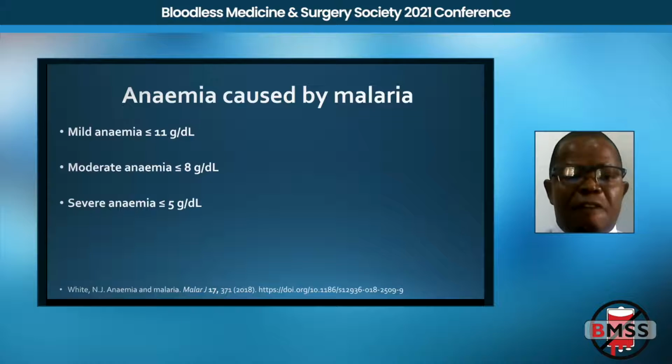So one will not normally rush to take a very drastic intervention when you have 5 grams per dL. In a malarious area, this is something that we see very often. Next slide, please.